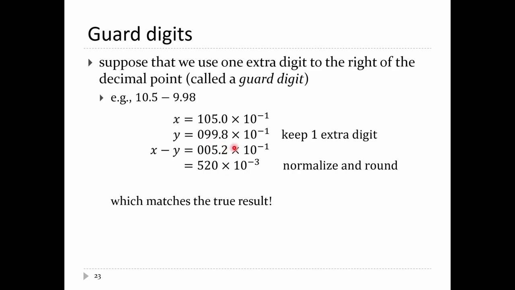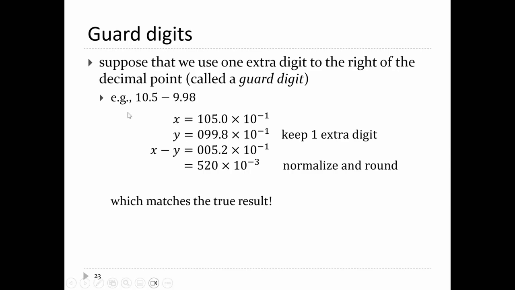And now I can convert that value back to its correct floating point value, which is 520 times 10 to the minus 3. Converting that number back to its correct floating point value is called normalizing. You might have to round as well, but we don't have to in this case. So you get 520 times 10 to the minus 3, and that's equal to the exact result.